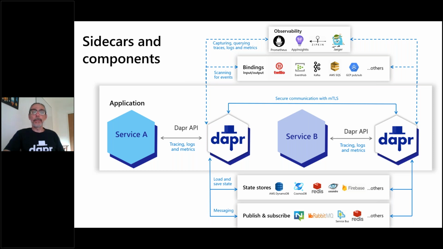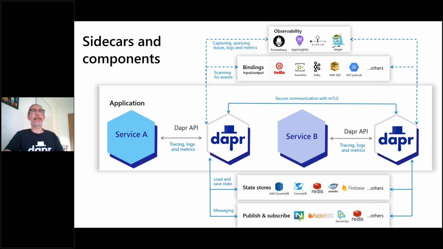So once I write my code and store my state, say, inside Cosmos DB, if I want to change my mind and move it to Cassandra or even to a completely different cloud, say AWS DynamoDB, I can simply switch out the component that I choose and not change any of my code. This makes Dapr very powerful for things like local development. And then if I want to move my application to the cloud, I simply switch out the components I'm using without changing any of my code.